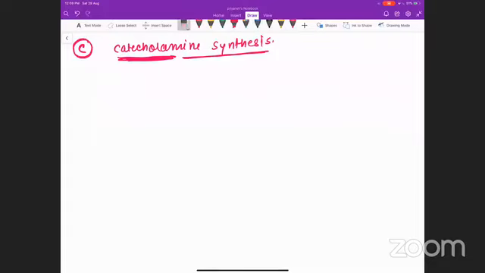See, what happens in catecholamine synthesis is, first of all, tyrosine will convert into dopa. For the conversion of tyrosine into dopa, we require an enzyme with the name of tyrosine hydroxylase.